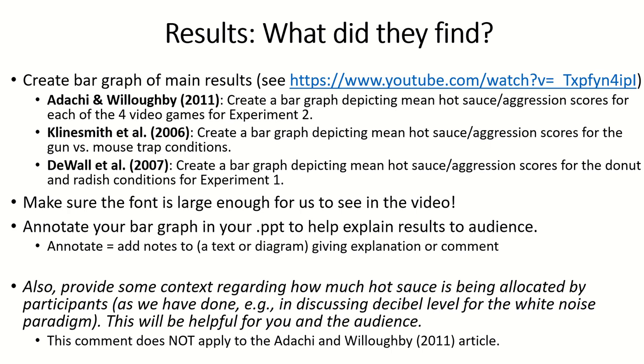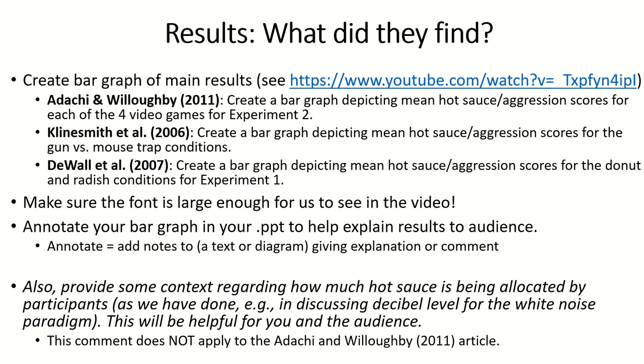Right, and I guess the last thing I will say is that there are some supplemental results to all these articles, right? So the Adachi and Willoughby, there's some tables in there that sort of verify the ratings of the video games as competitive versus violent.